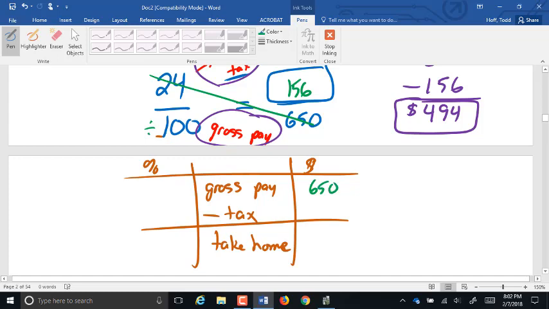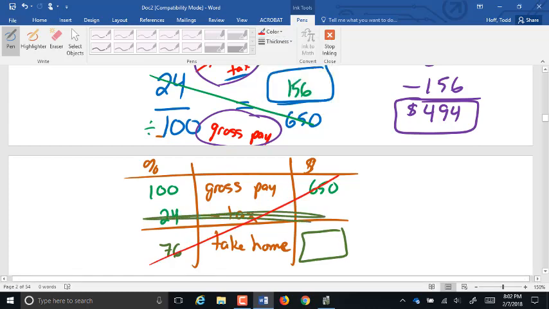Gross pay was 650. Tax 24%. Of course, the base is 100. Subtract, this is 76%. We find the take home, we're using the 76%. 76 times 650 divided by 100 is 494. It's just like we were doing a half hour ago.